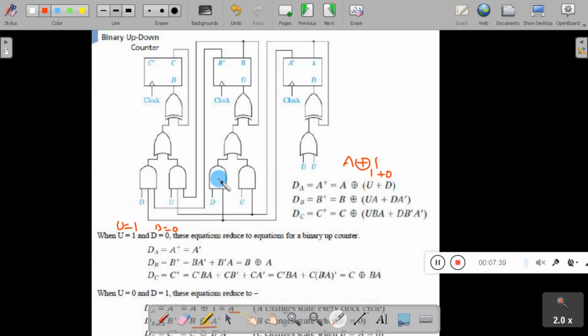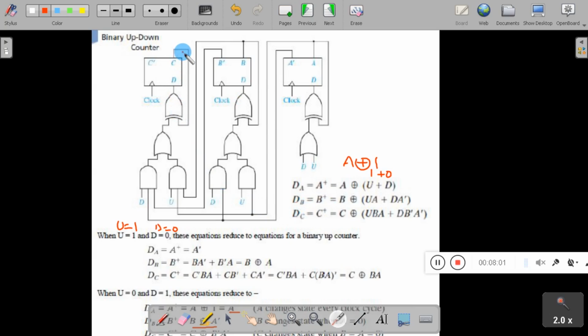So I am taking UA given to one AND gate and DA bar given to the other AND gate. The outputs of UA and DA bar are summed together using an OR gate, and the output of the OR gate is given to the exclusive OR gate. That is DB.